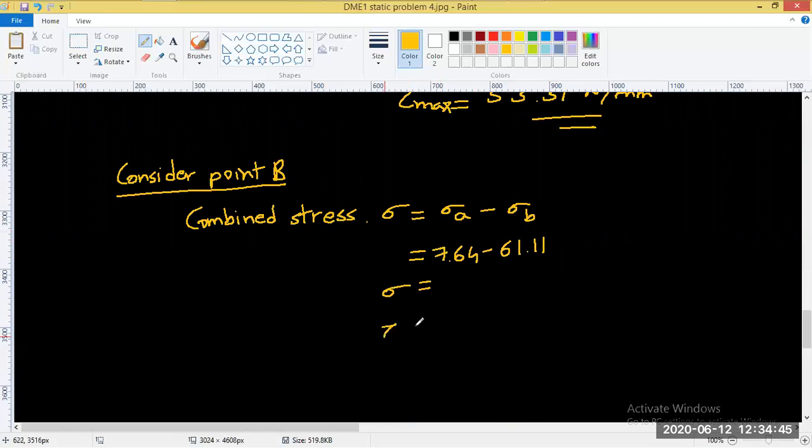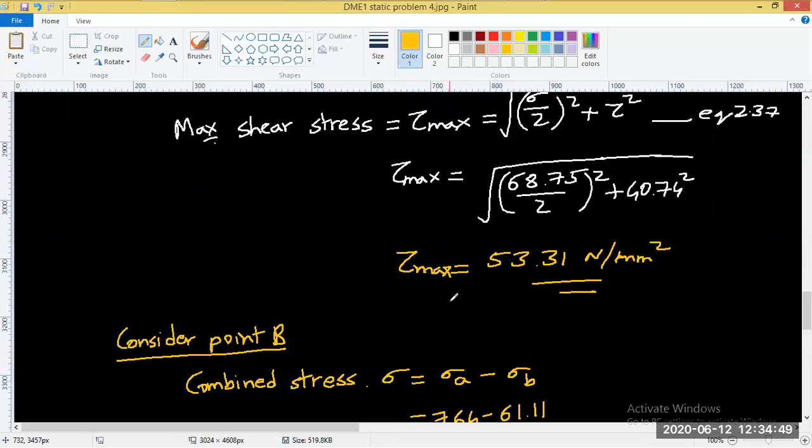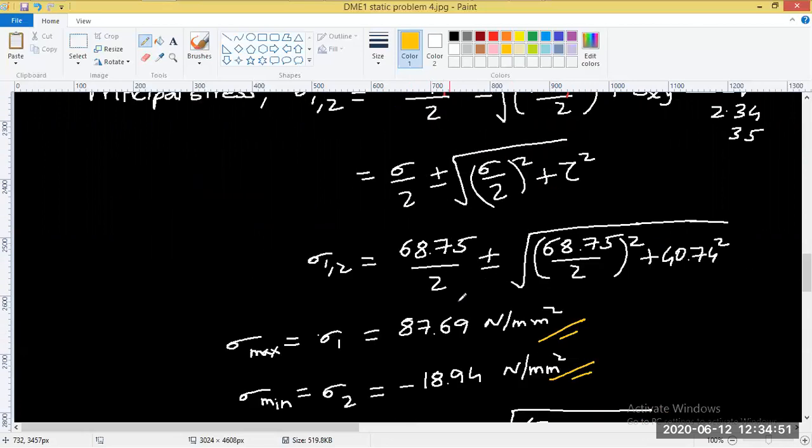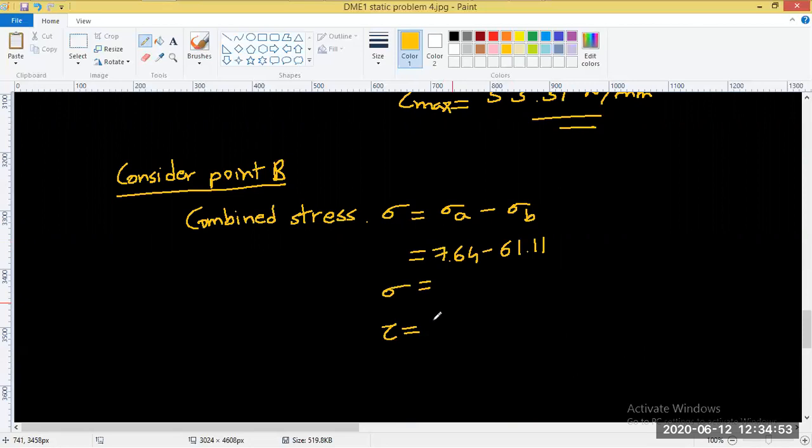So this is 7.64 minus 61.11. So this came to a negative value of stress, what we can see here. And shear stress is as it is. There is no change in the shear stress tau. So 40.74 Newton per mm square.